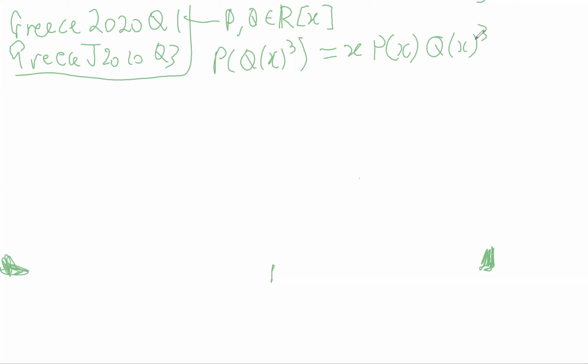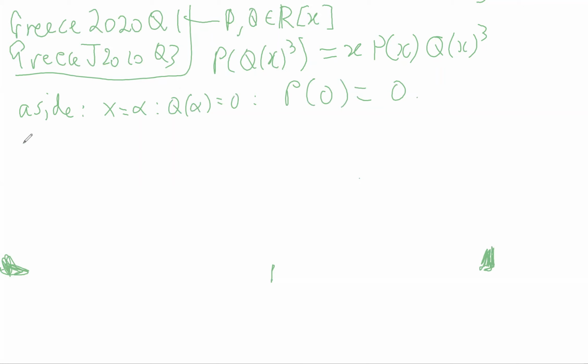You could let x be a root of Q, and then you have that the constant term of P is 0. This is a bit of an aside, okay? So you let x equal a root of Q, and then P of 0 equals 0.